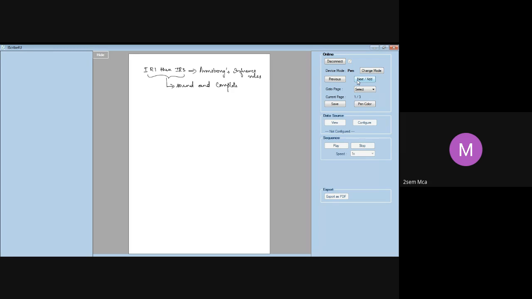What does that mean? Sound means we should be able to infer any rule. Given a set of dependencies F, let us say F is given to us. F is the set of dependencies: SSN determines E name, SSN determines something, D number determines department name.